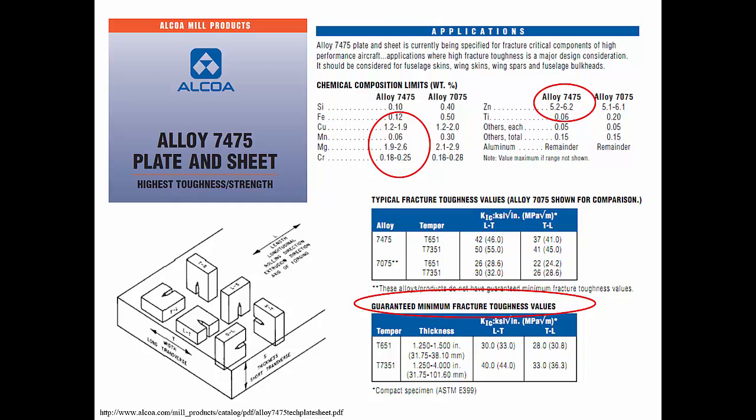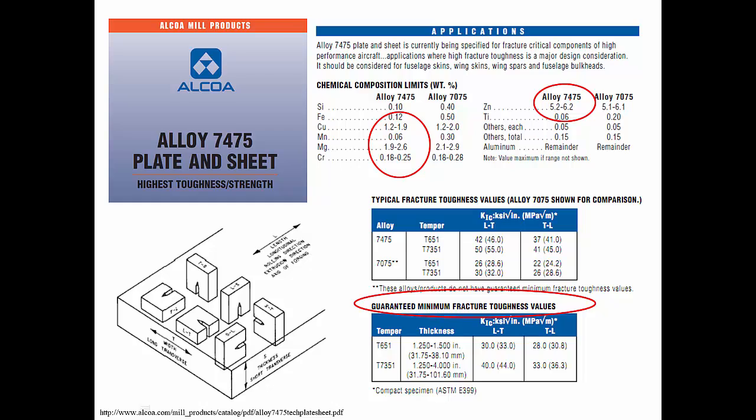The first one is, first of all, have a look at the chemical composition limits. They do vary a lot. And that is interesting because essentially everything within this range is acceptable, but there are implications with respect to properties.